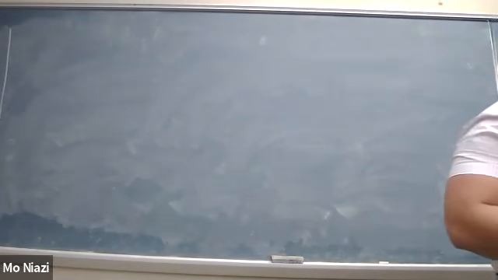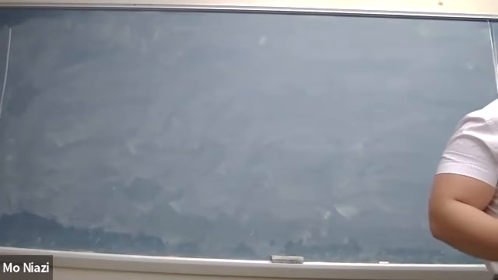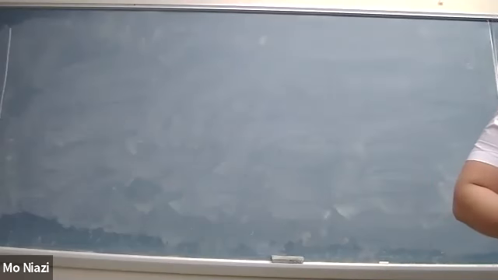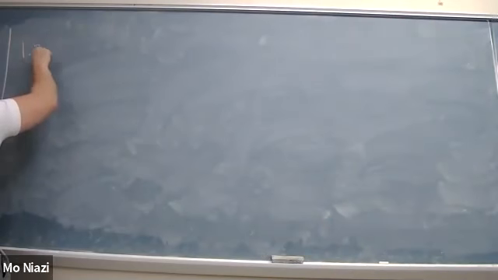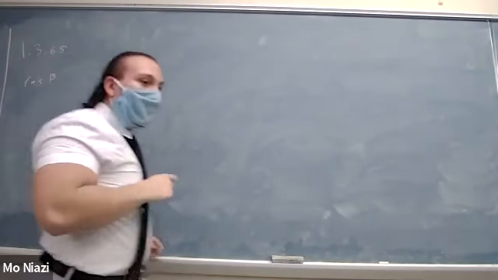Section 1.3, problem 65. Something about the cosine of beta.